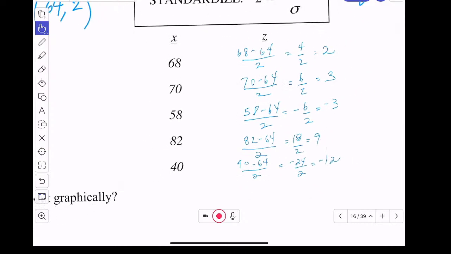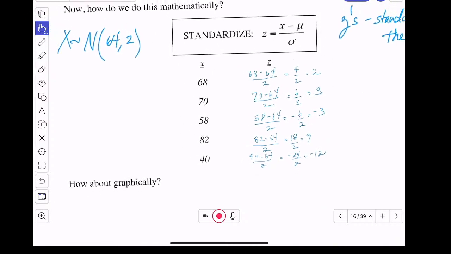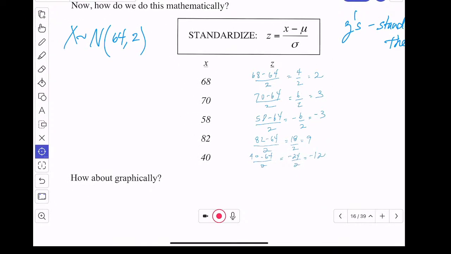So do you have any questions about converting or transforming these into standard deviations from the mean? This is important so that we aren't restricted to just looking at the broader tick marks, 68, 70, and 58, which are 2, 3, and -3 standard deviations from the mean.